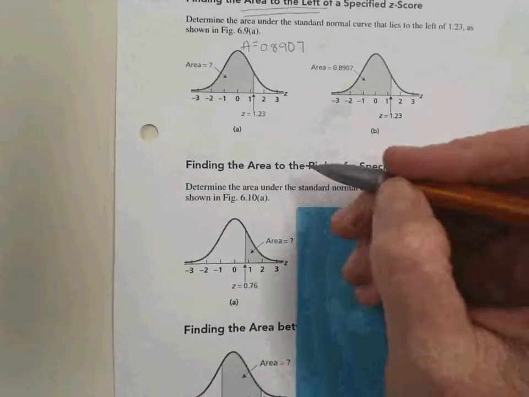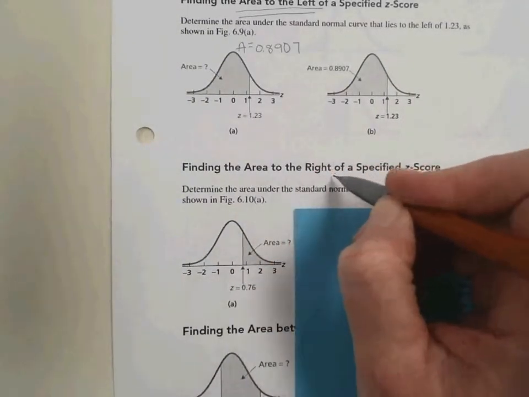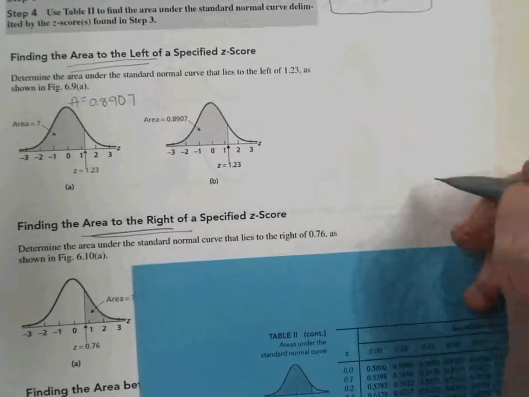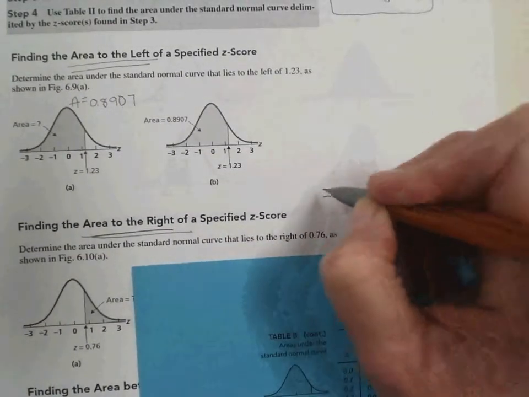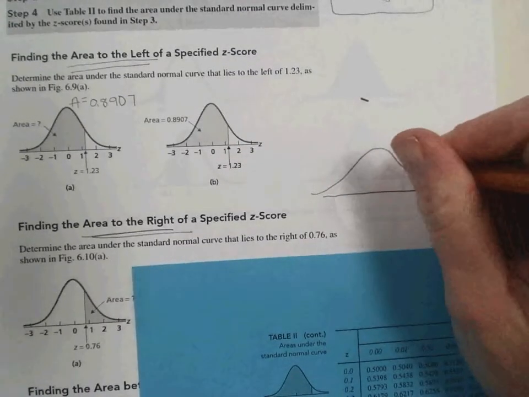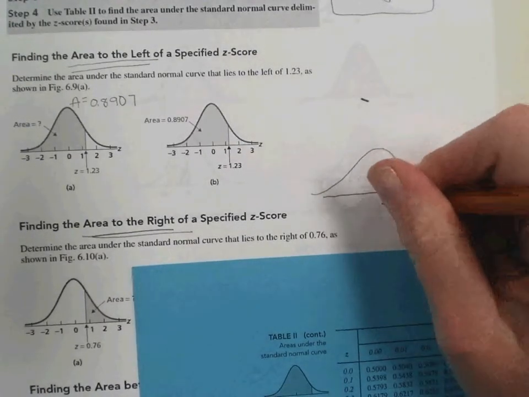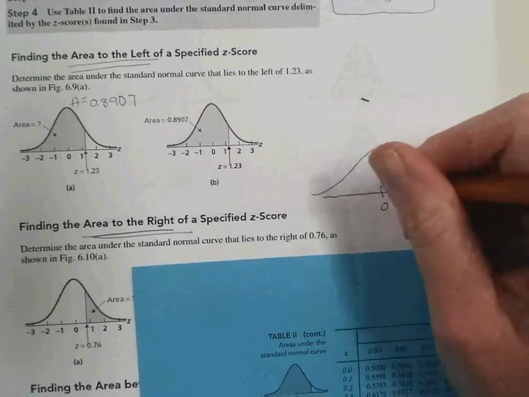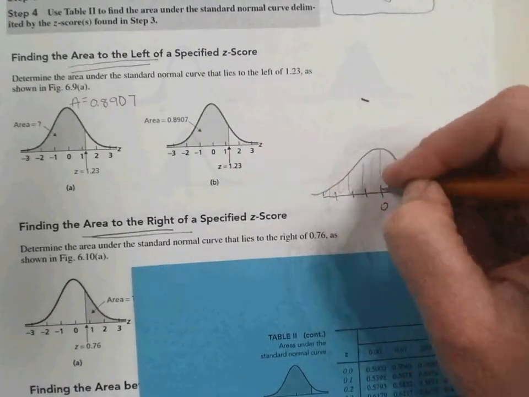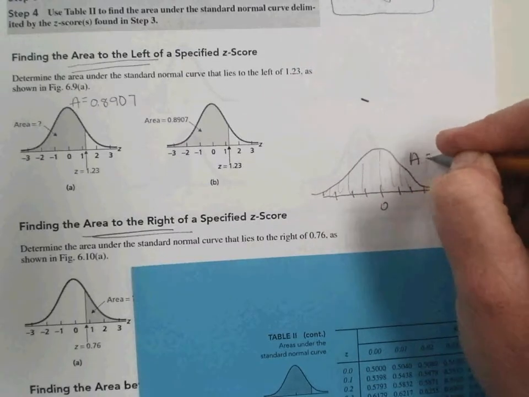Next, finding the area to the right. So if you recall from Friday, from our notes, when we're talking about the standard normal curve, we have 0 in the middle, just like you can see in all of these. The area under the entire curve is what?